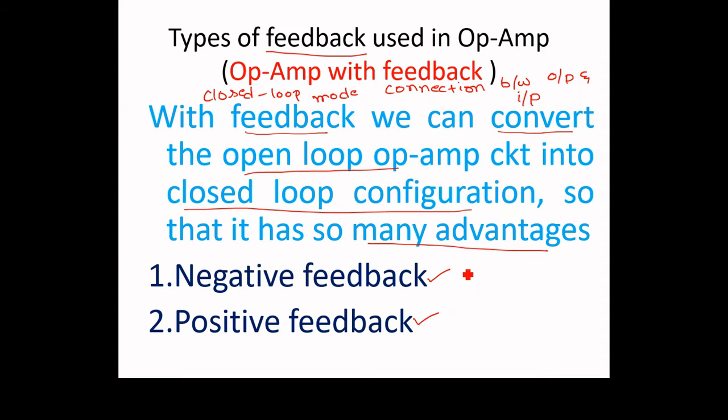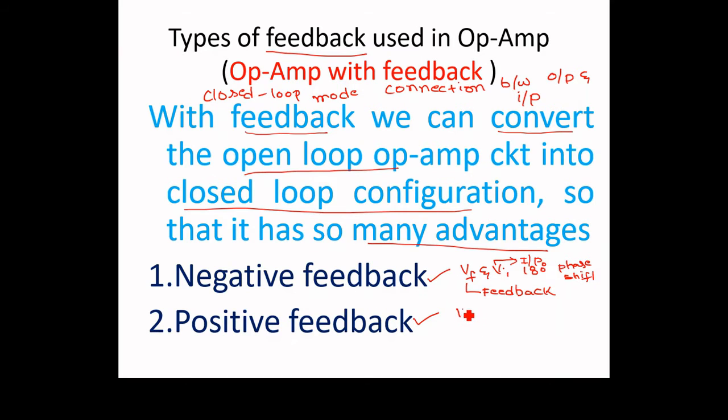When the feedback voltage, Vf, and the input voltage that we are applying are in phase reversal, that is, there is a 180 degrees phase shift between them. Then such feedback is said to be negative feedback.